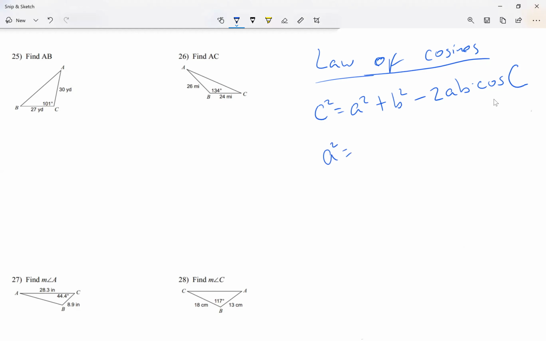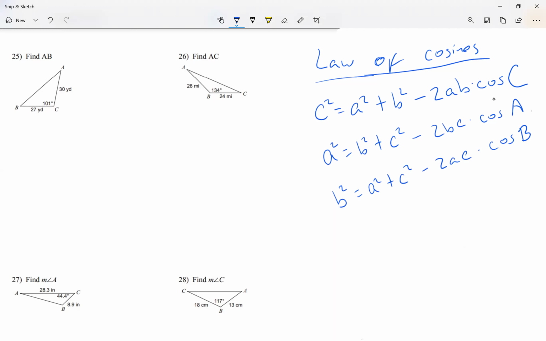A squared is equal to B squared plus C squared minus 2 times B times C times cosine of A. And what if I want to solve for side B? Well, the formula we have is B squared is equal to A squared plus C squared minus 2 times A times C times cosine of B.